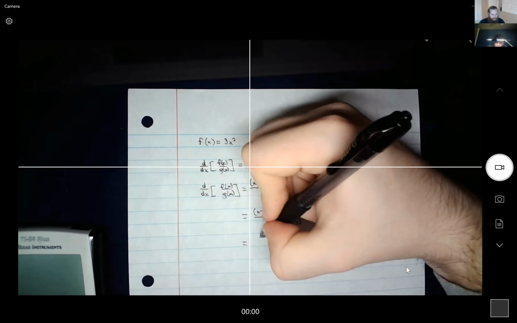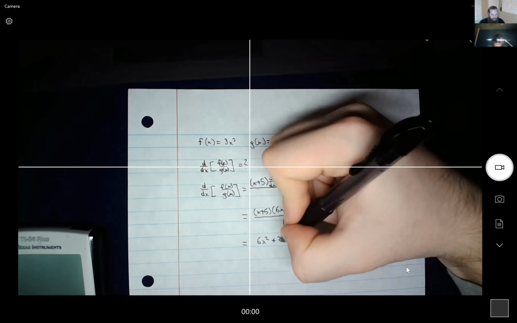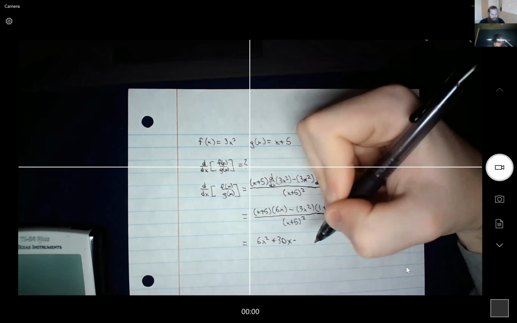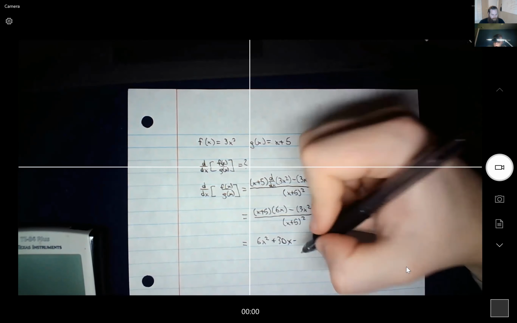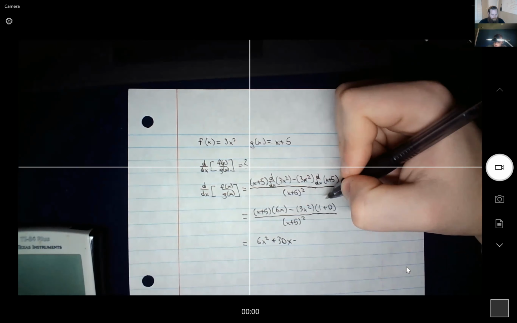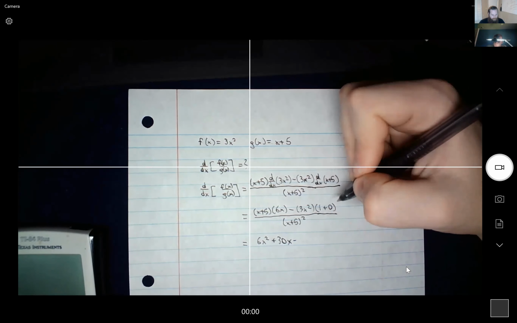6x times x equals 6x squared, plus 5 times 6x equals 30x, minus 3x squared times 1 equals 3x squared, and 3x squared times 0 is 0.